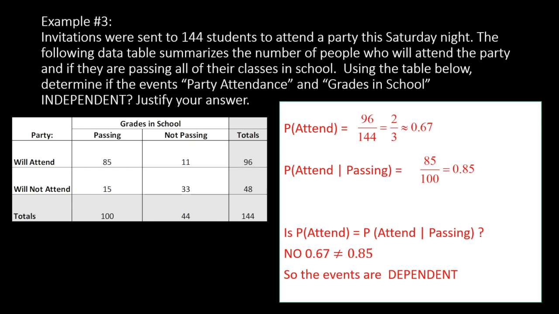Obviously, they are not equal in this case. So we say that the two events are dependent, which logically makes sense in this case also. We said in prior examples that being able to attend the party might depend on whether you are passing your classes in school.